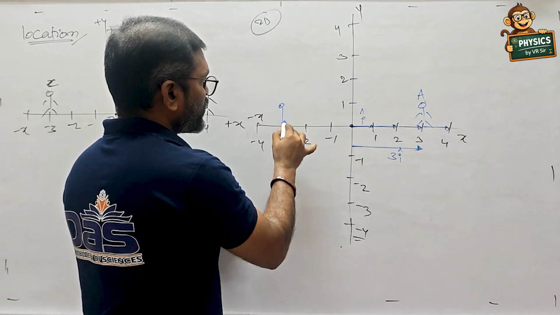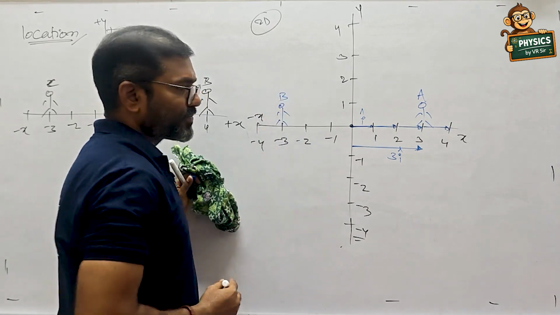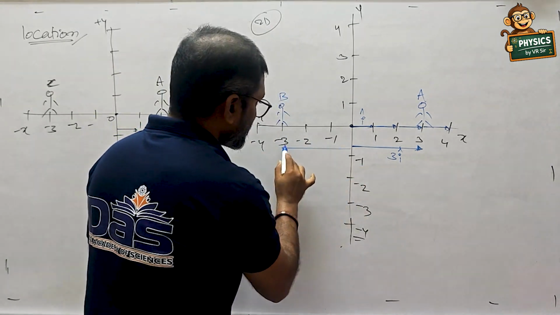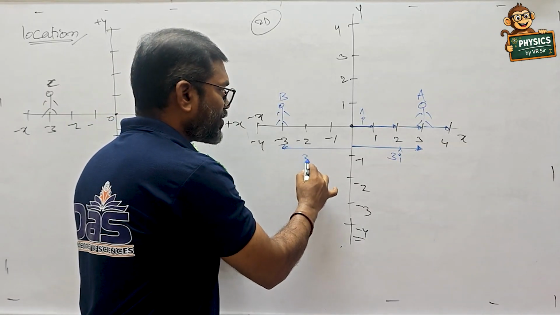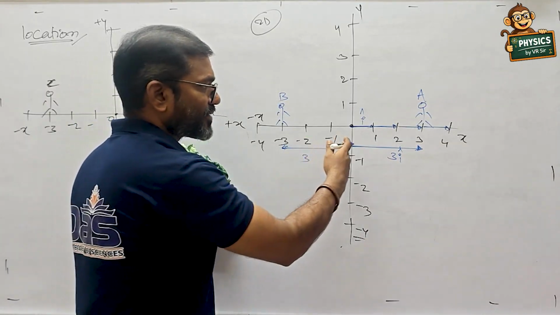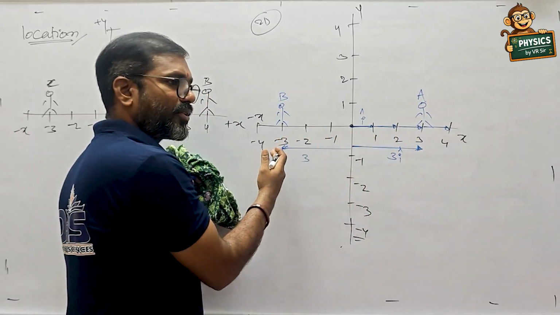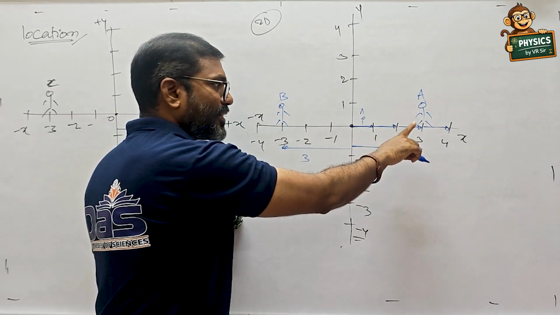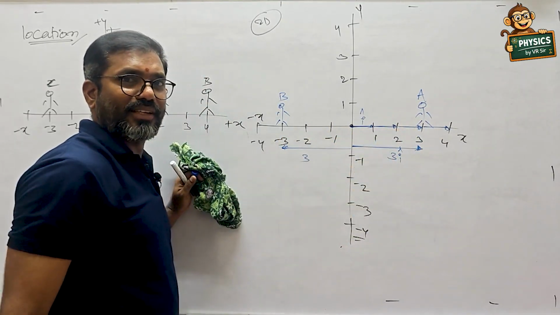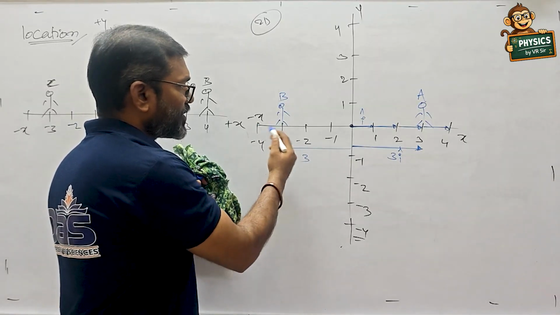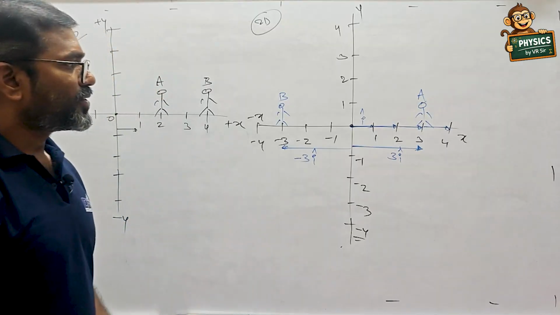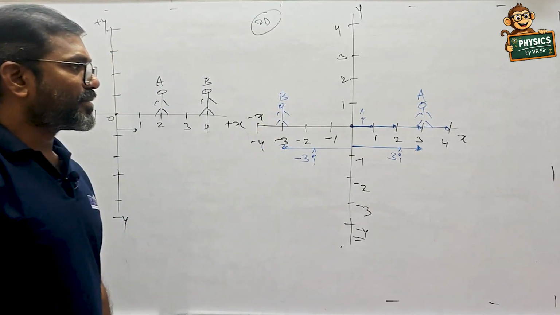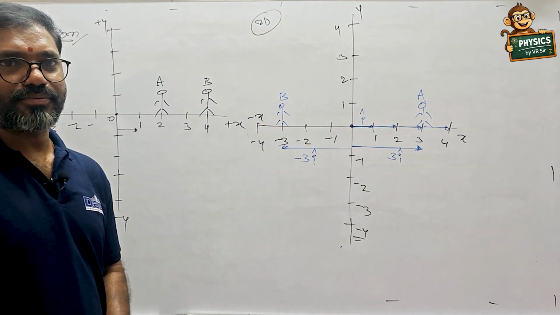If someone asks the position of B, it is a position from the origin, and it is 3 units too, but the direction is slightly different. A is along the positive x-axis, and this should be along the negative x-axis. So the position of B is minus 3 i cap.